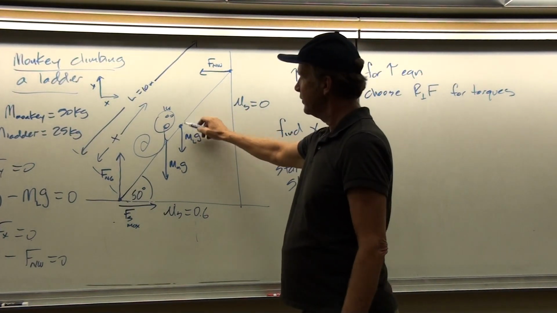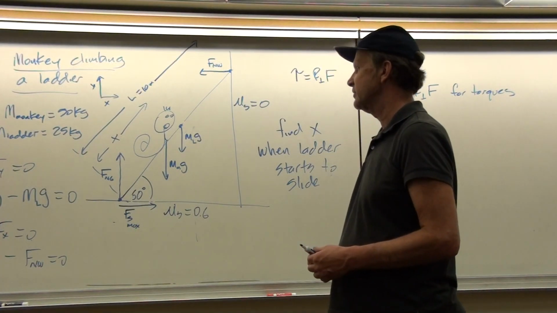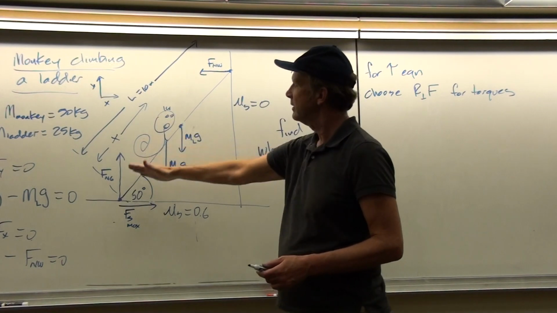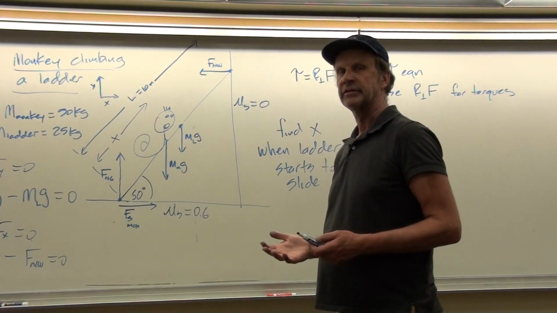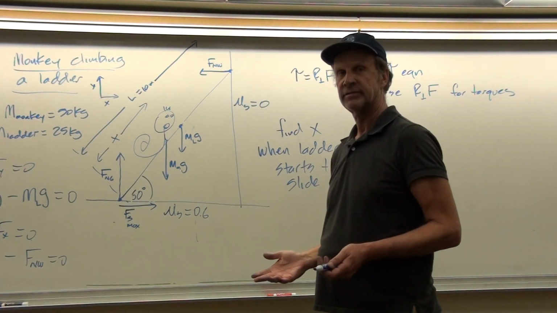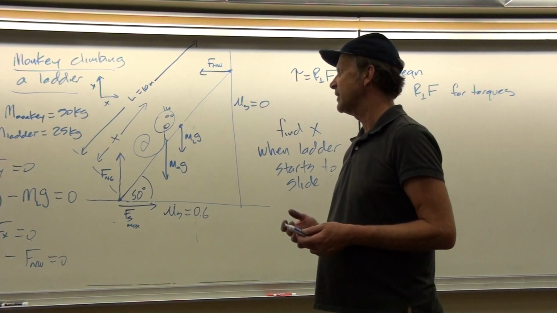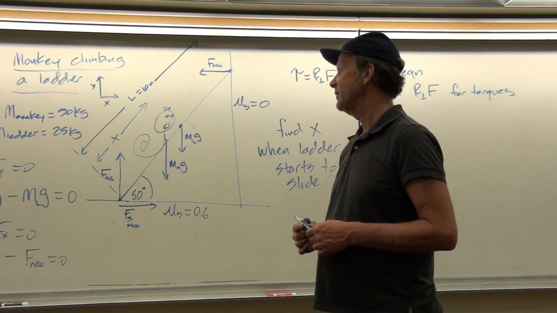Because all of these forces are already oriented in the vertical and the horizontal direction. And if I start taking components that are along the ladder, I've got to decompose every single force vector into x and y components, and it's going to get to be a confusing mess. Even with the experience I have doing these problems, I'm afraid that with that level of confusion, I'm going to make a mistake. So I'm not going to do it that way.